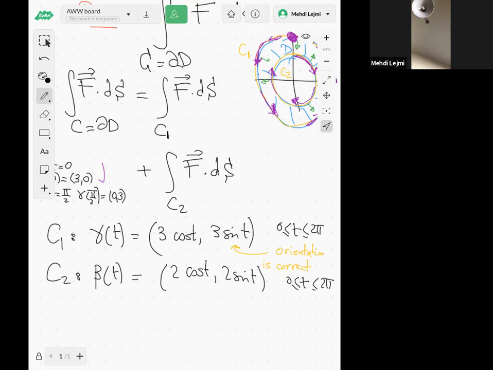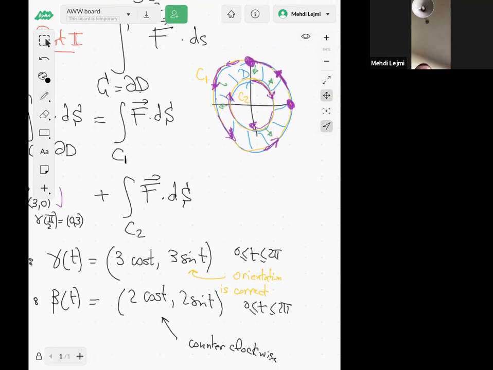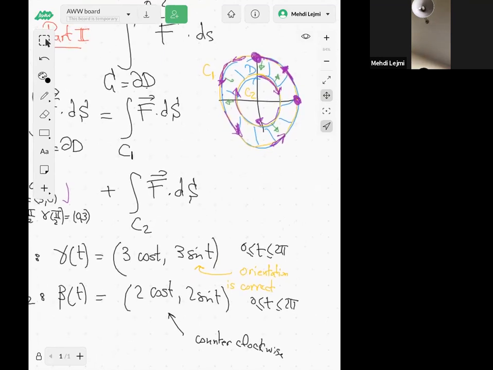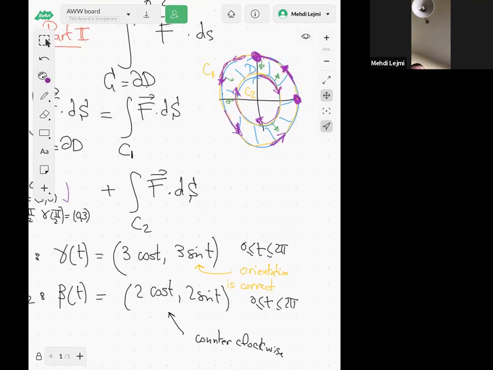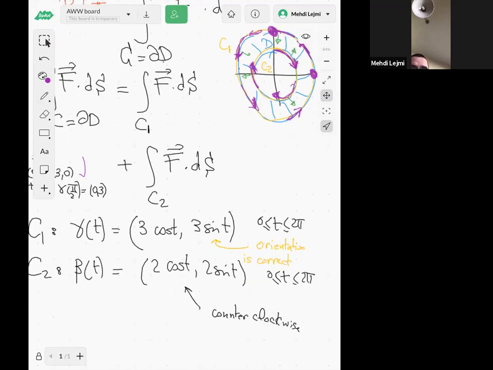But the orientation induced by this parameterization is the opposite of the one required by Green's theorem, because this one would be counterclockwise. But the orientation for C2 must be clockwise, right? So this parameterization doesn't induce the required orientation.